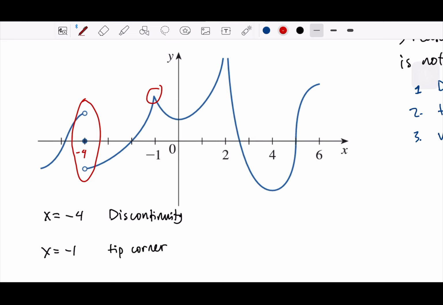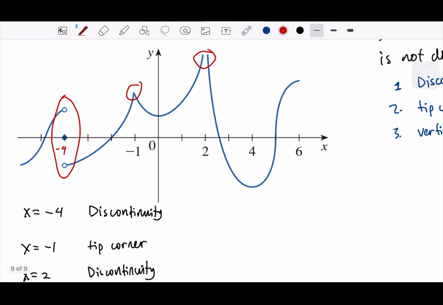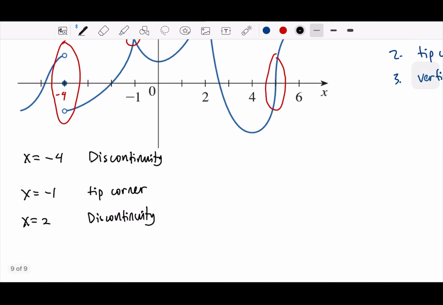And then we also have some asymptote, right? We have another discontinuity. And then another one, this part here, is a vertical tangent. So x equals 5 is a vertical tangent.